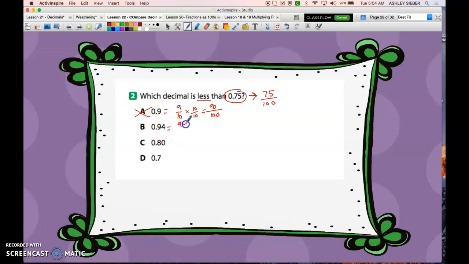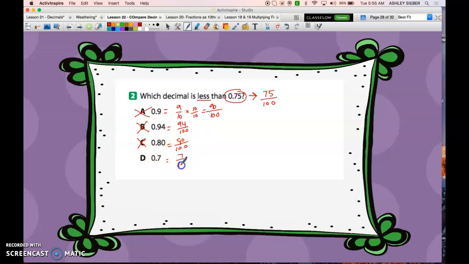I know this is equal to 94/100. Again, 94/100 is not less than 75/100. This is equal to 80/100. 80/100 is still more than 75/100, so it should be this one.